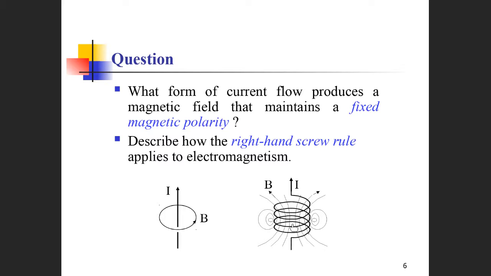The relationship between the direction of the current and the magnetic field can be determined using the right-hand screw rule, as we show here. So in one word, current produces magnetic field.